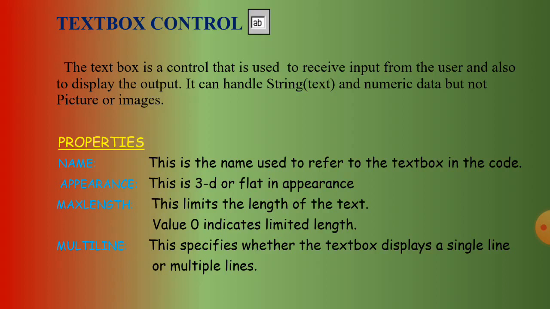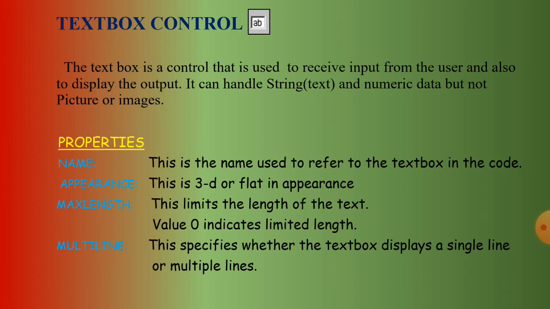Next, multi-line. By default, the text box displays only a single line. If you want a text box to display multiple lines, then the property must be changed to multi-line.